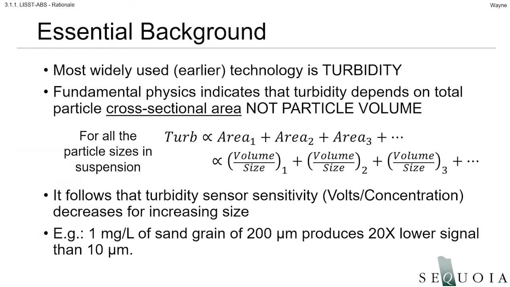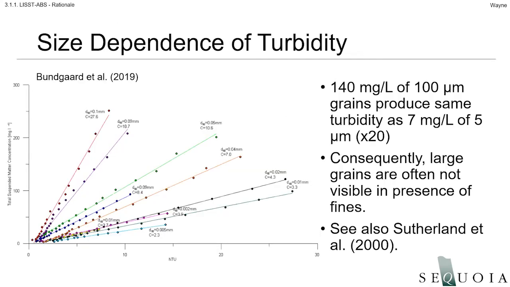So, for example, if we consider the same mass concentration of, say, 1 milligram per liter of 200 micron sand and 10 micron fines, then the turbidity probe output for the larger 200 micron particles is 20 times lower than that for the 10 micron particles.